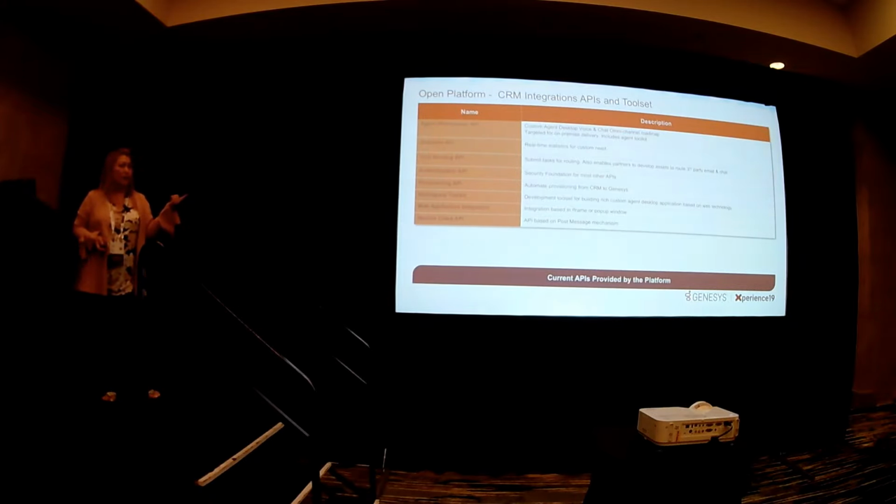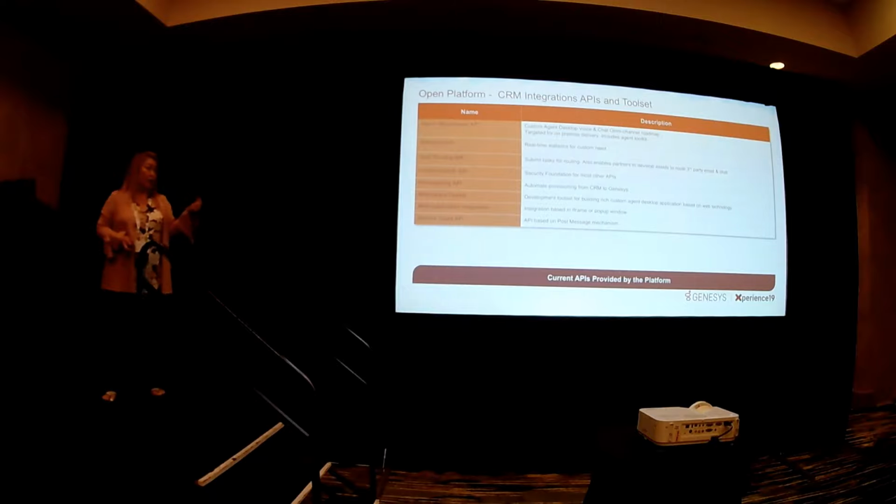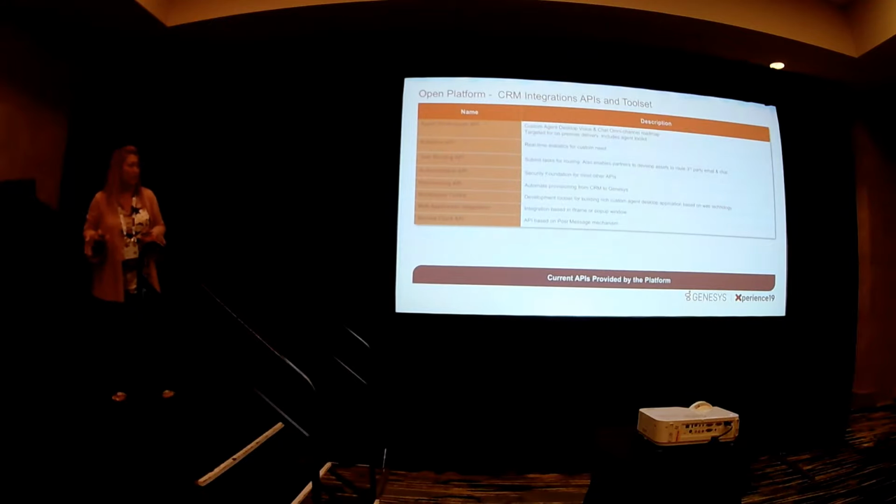Web application integration, these are integrations that you can do when you're running Workspace Web. And of course, our Service Client API is in the same way. Those two lower ones are what we call cheap integrations that you can do when you have something quick that you want to do.